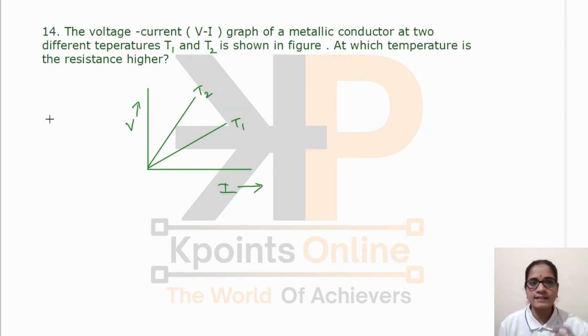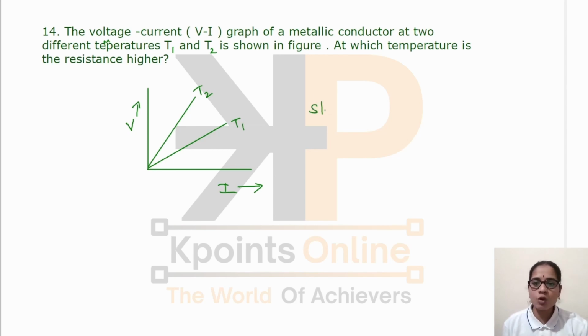The next question is, the voltage current graph of a metallic conductor at two different temperatures T1 and T2 is shown in figure. At which temperature is the resistance higher? These are the two graphs for the metallic conductor at two different temperatures. We have to find out for which temperature is the resistance higher.